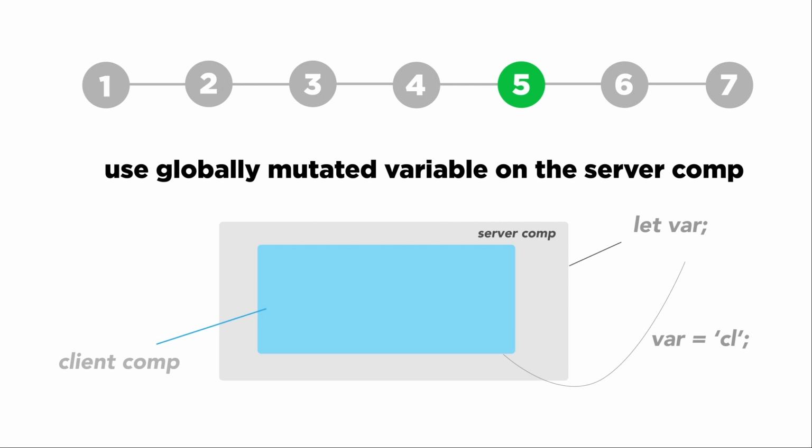So it's always better to use the globally mutated variable on the server components than on the client components, which allows you to get the full benefit of server-side rendering. So you render everything on the server side, and then you inject the results on the client components.